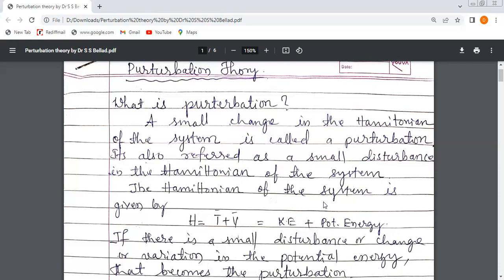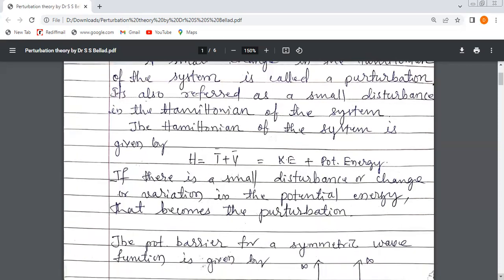The Hamiltonian of the system is generally given by this equation. This Hamiltonian is equal to T plus V, where T is the kinetic energy of the system, and V is the potential energy of the system.